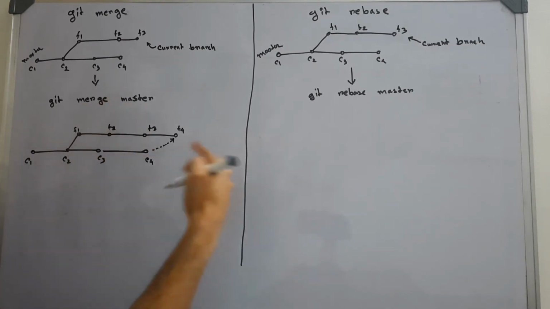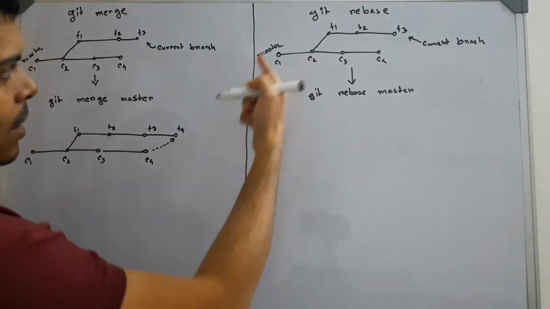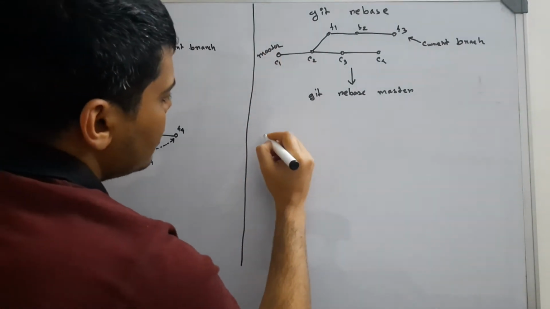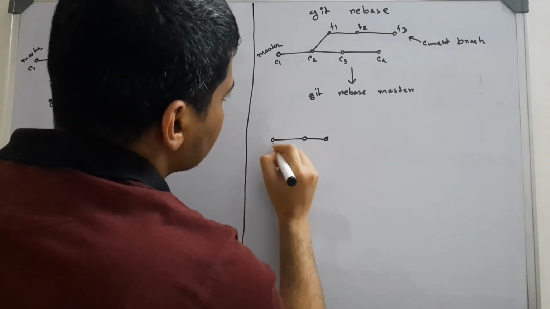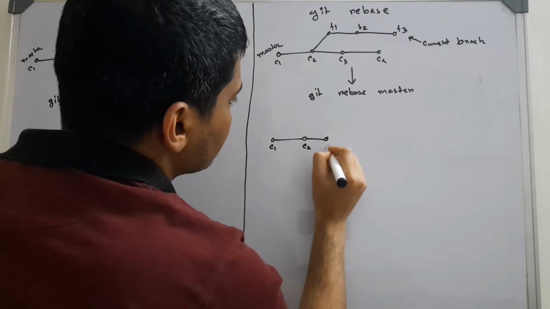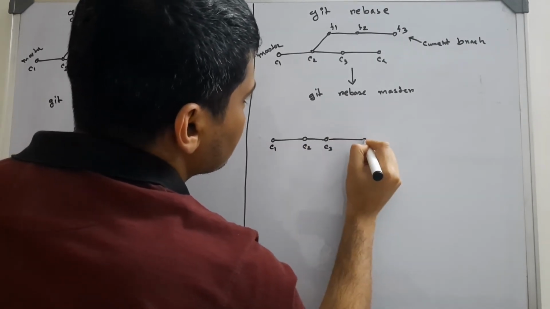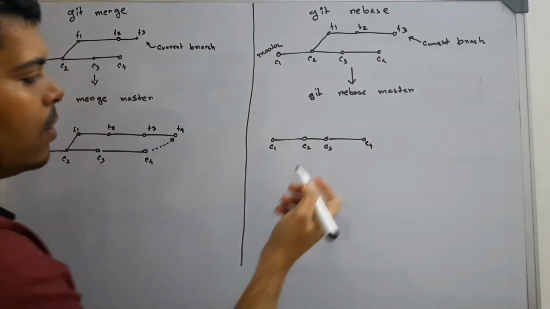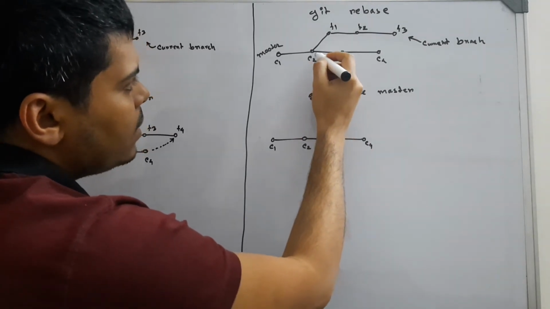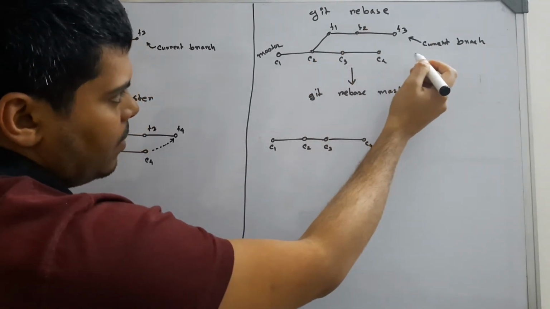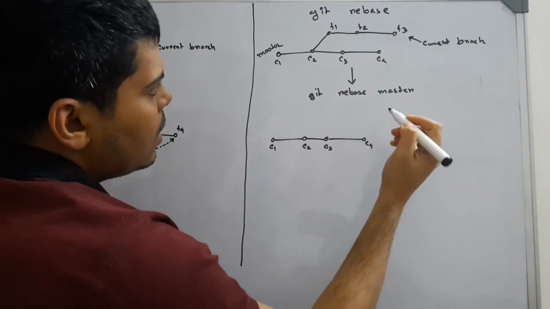Now if I execute the similar command git rebase master from the feature branch, the structure will be a little different from how it is here. As you can notice, if you apply rebase, whatever the head was in the current branch, that head will be moved to the master branch's latest commit.